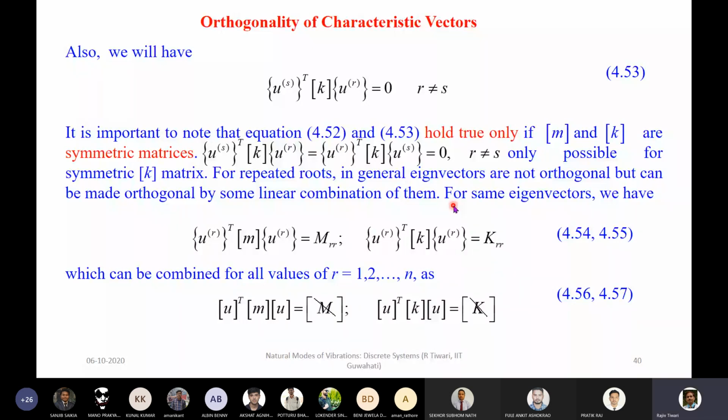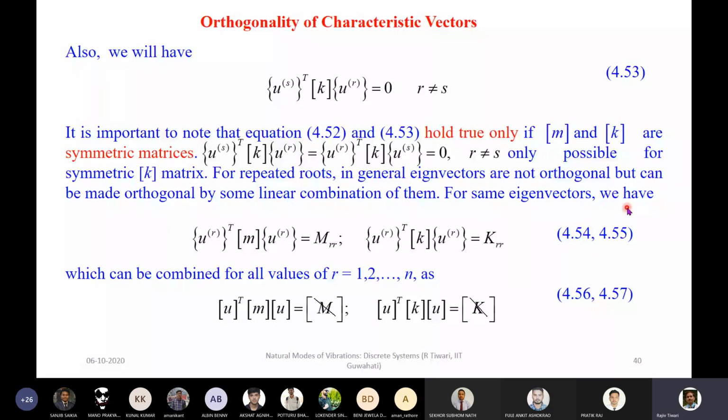In the case of repeated roots, sometimes we may find that two eigenvalues are the same. In that case, the corresponding eigenvectors may not be orthogonal, but we can make them orthogonal by some linear combination of these two eigenvectors. That case we'll see separately.